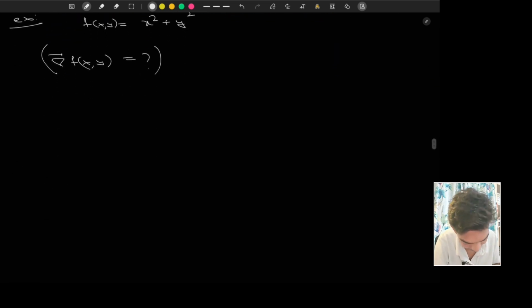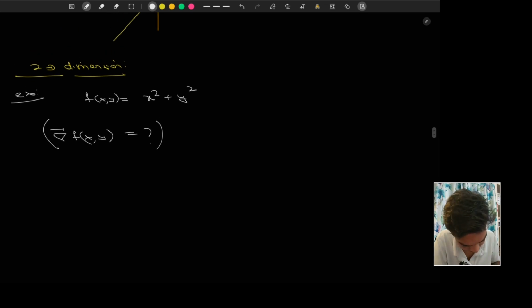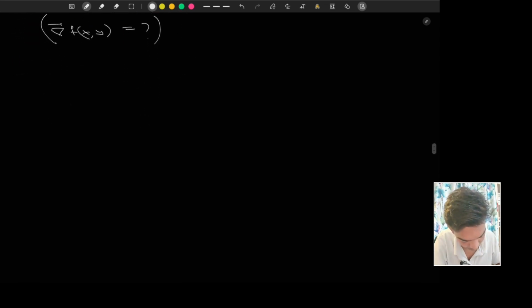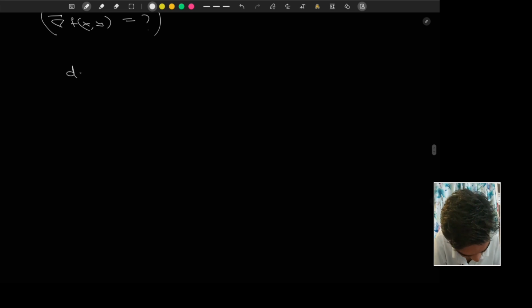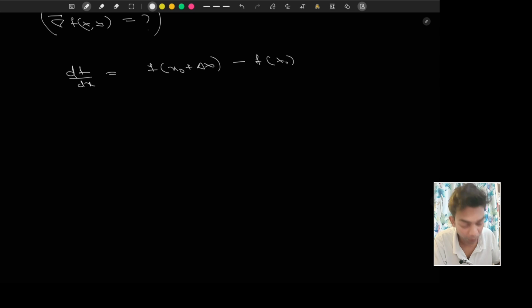So let me actually write it. The act of taking a derivative, we'll come back to this 2-dimension version, but what does it mean to take a derivative? You take the function, you evaluate the function at a nearby point by moving your point from x0 to x0 plus delta x, and then you take the difference and divide by delta x.